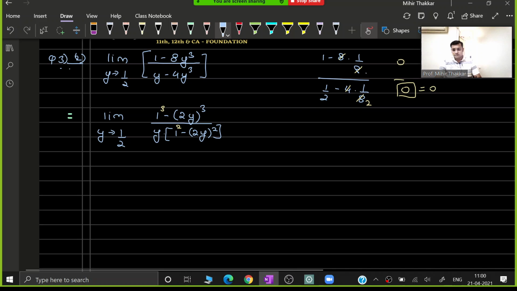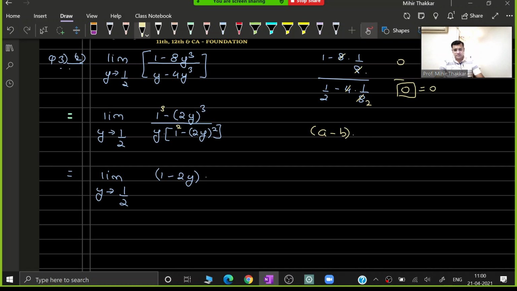So limit as y tends to 1 upon 2, 1 minus 2y. I hope you guys remember the formula. It was like this: a minus b into a square plus ab plus b square.